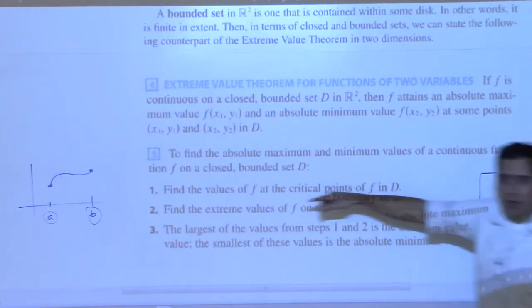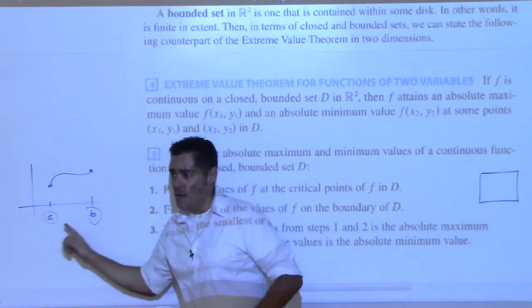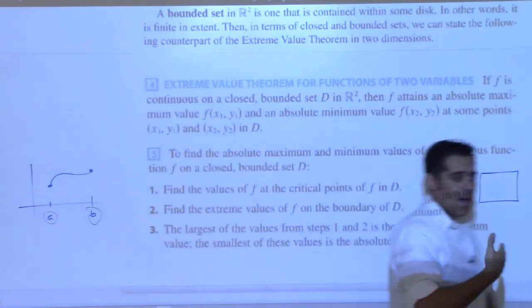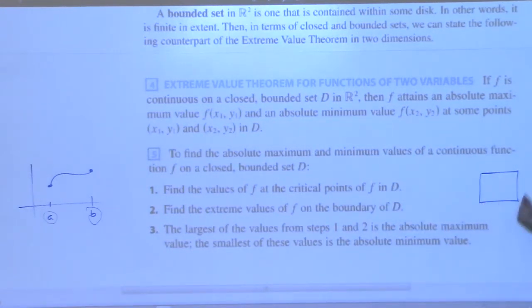Just like we found the critical numbers here or critical points here, right? But then we have to look at the boundaries and compare. How are you going to look at the boundary and compare? You have an infinite number of points on a boundary, don't you? It's not just 2 points. So it seems like it's going to be not possible for us to do this, but you can do it, all right? So here are the steps.